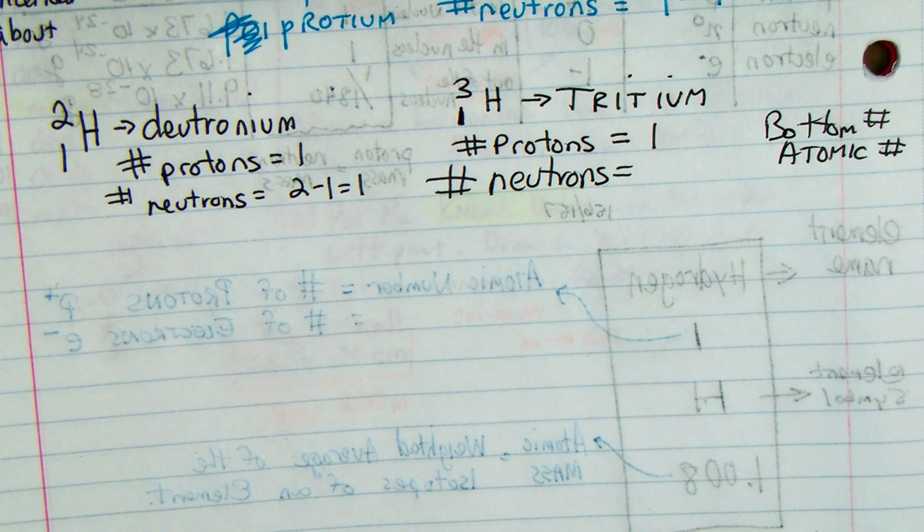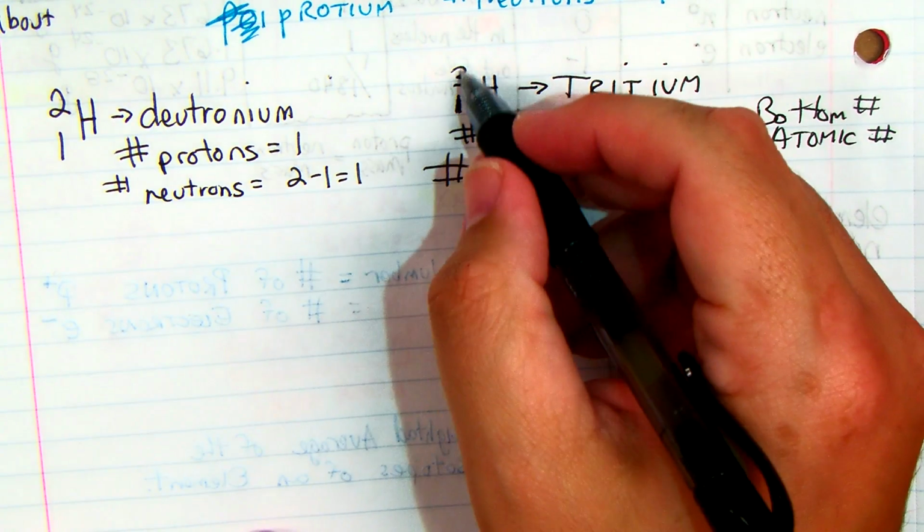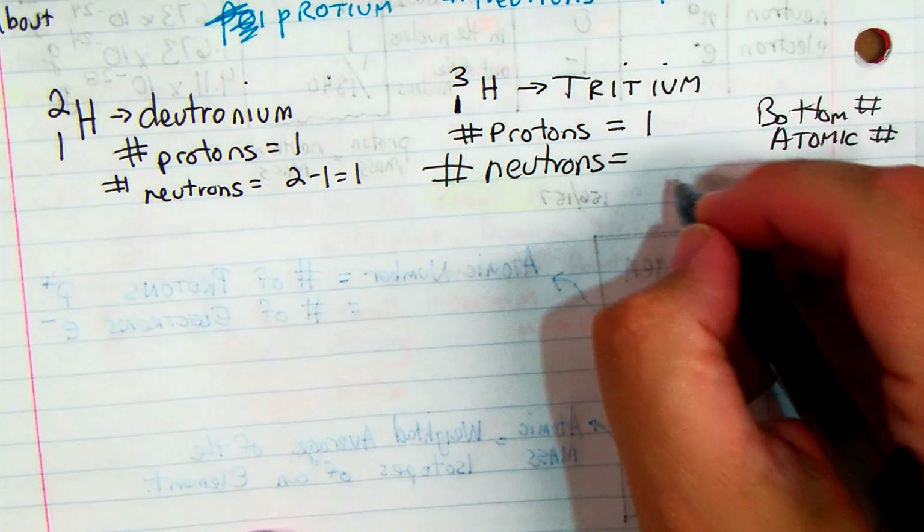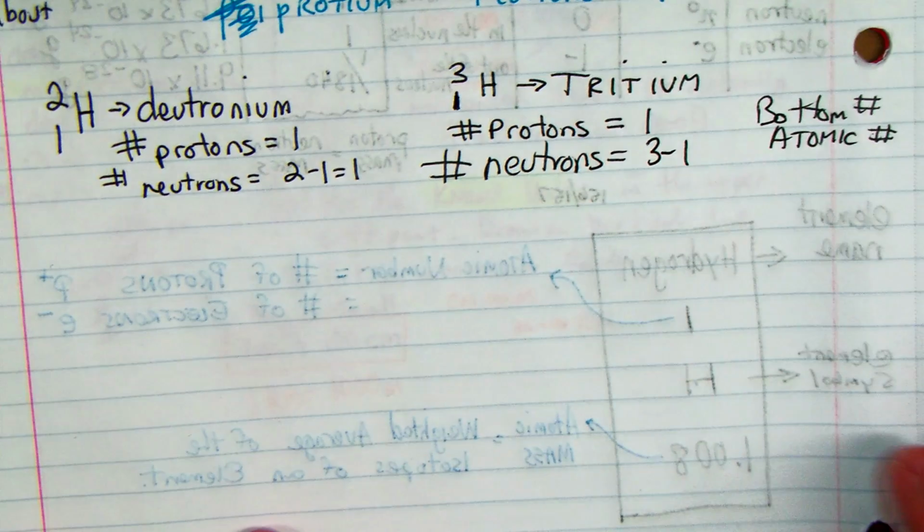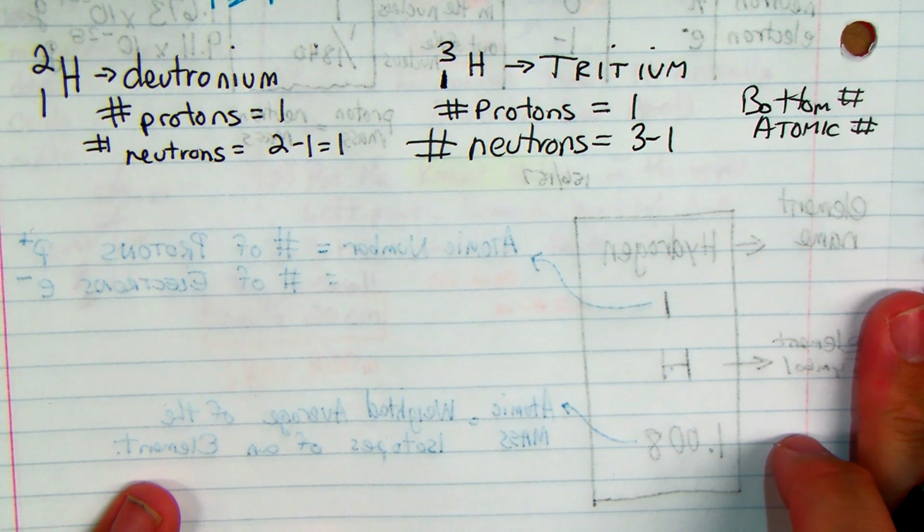I didn't change anything to it. All right, number of neutrons. How do I calculate that? 3 minus 1, which is 2.